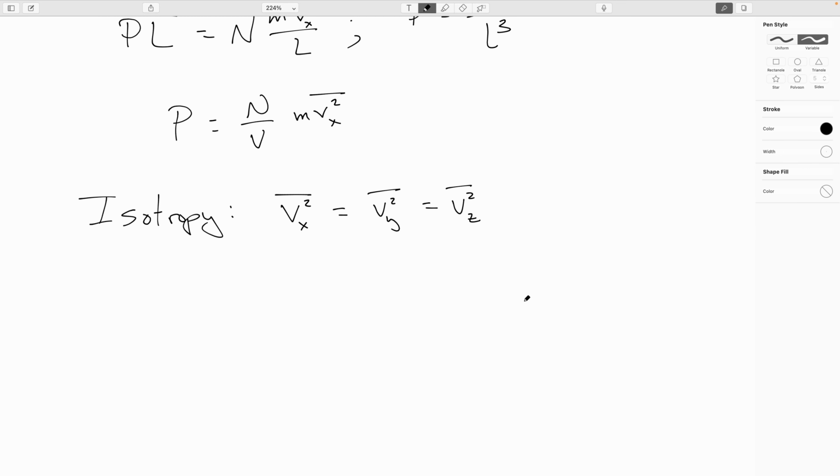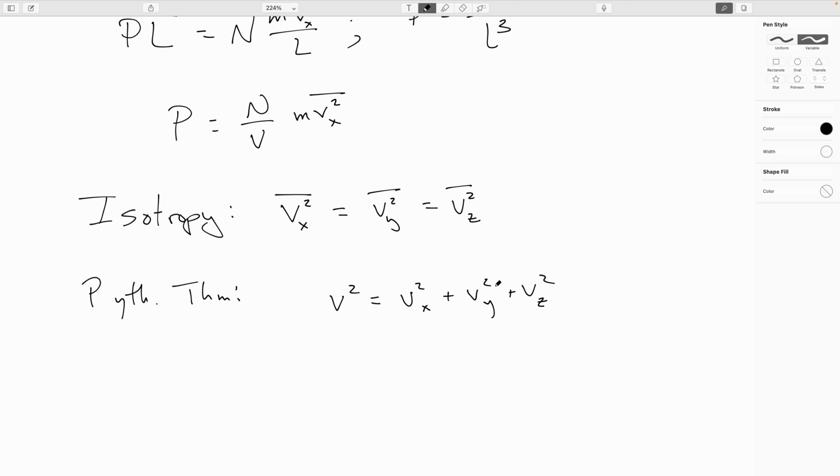But here's where we can finally start to get rid of the subscripts. We can also relate these to the square of the average speed via the Pythagorean theorem. So the Pythagorean theorem would say that v squared is equal to Vx squared plus Vy squared plus Vz squared.